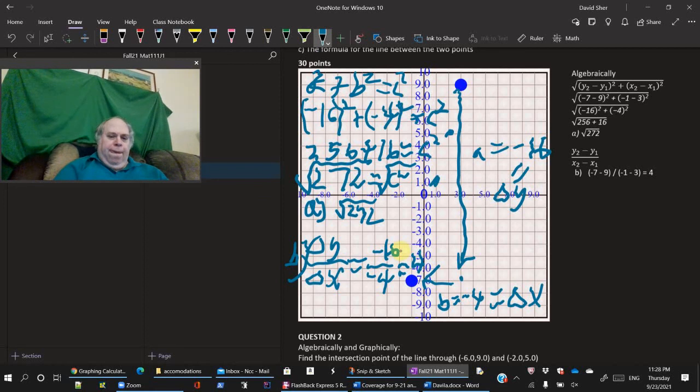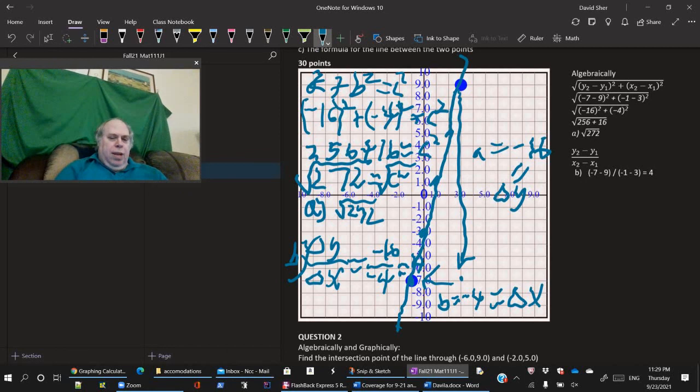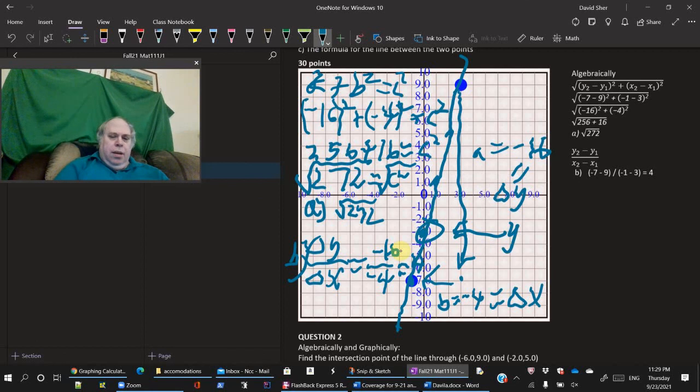From 1, 1, 2, 3, 4 brings us to -3. And from -3, 1, 2, 3, 4 brings us to -7, which is the other point. So that checks that we got this right. And from here, we'd go down over here. So if I want to draw this line, this is what it looks like, given enough points. And this guy is the y-intercept.